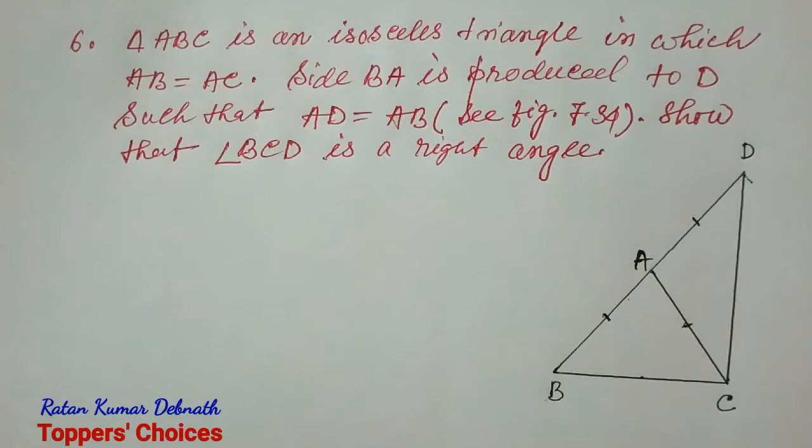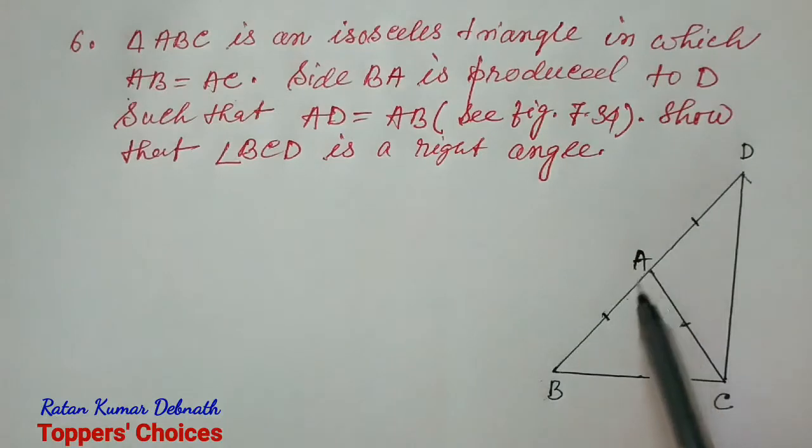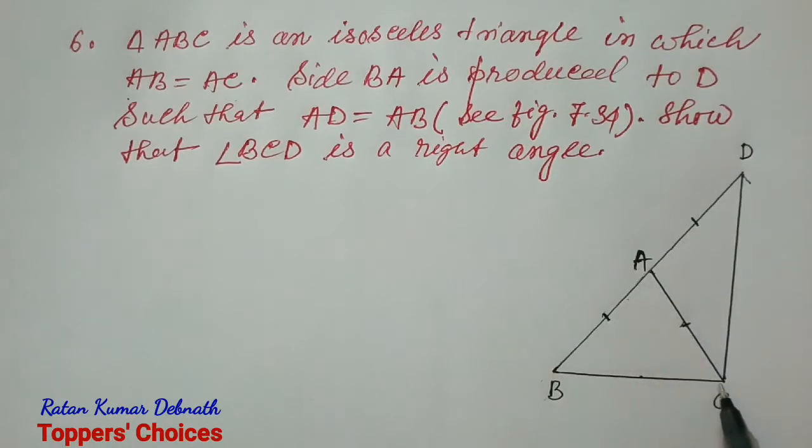Let us study the question carefully and slowly once again. ABC is an isosceles triangle in which AB equals AC, that is, this side equals this side, given.